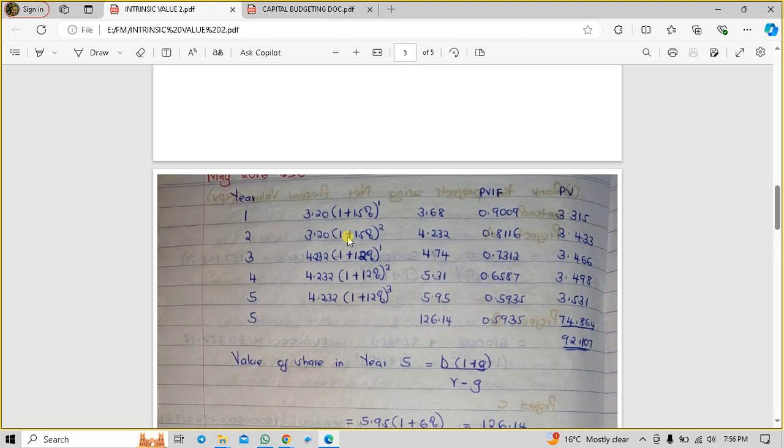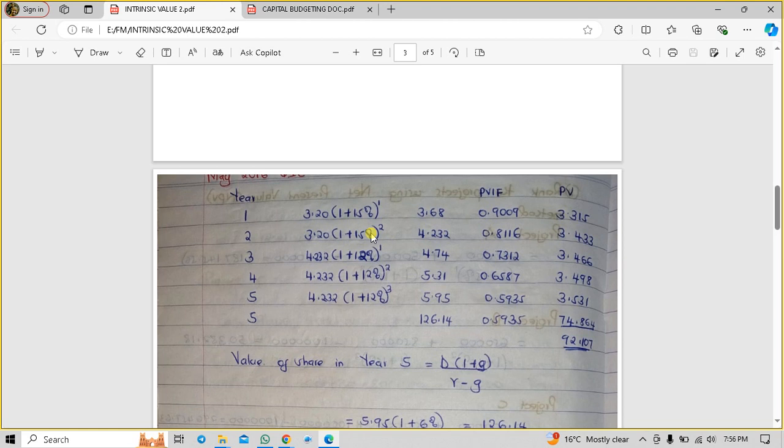In the second year, the rate is still 15%. The only difference is that here we are going to say 3.20 into bracket 1 plus 15% to power 2. Power 2 because it is the second year. And here we are using the rate of 15%.